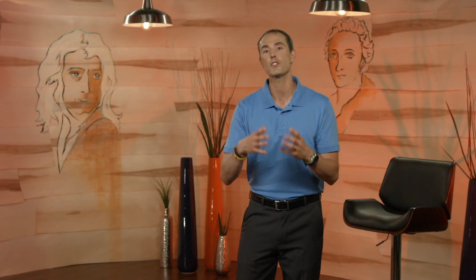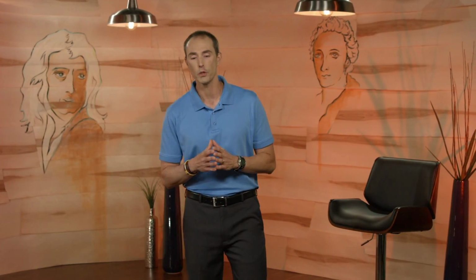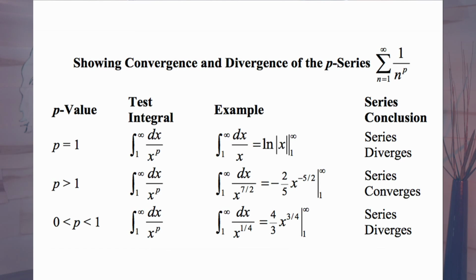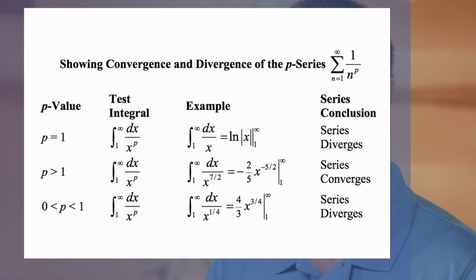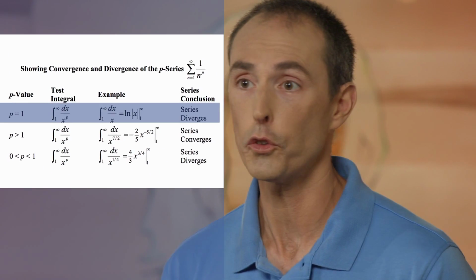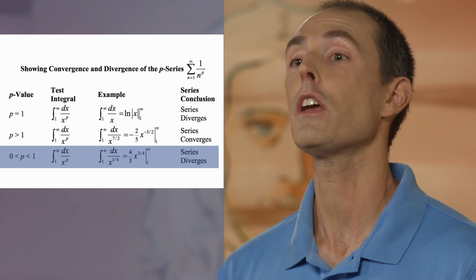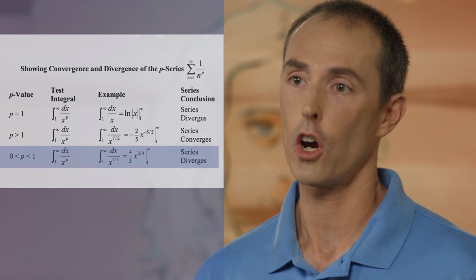Example 3 might be my favorite because it allows us to extend what we show and maybe use some discovery here. What I would actually do is I would present students with the integral from 1 to infinity of dx over x to the p power. And what I want them to do is run through the integral test 3 times. Once for p equal to 1, once for p greater than 1, and once using a value of p that's between 0 and 1.